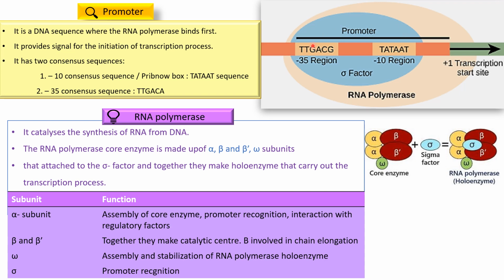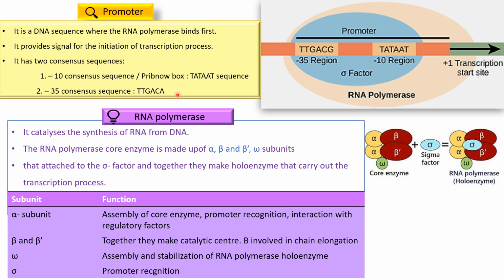So -35 and -10 show the approximate distances in terms of nucleotides from this start point. So this was the promoter region. And this Pribnow box, or the -10 sequence, contains the TATAAT sequence, whereas the -35 consensus sequence possesses the TTGACA sequence.